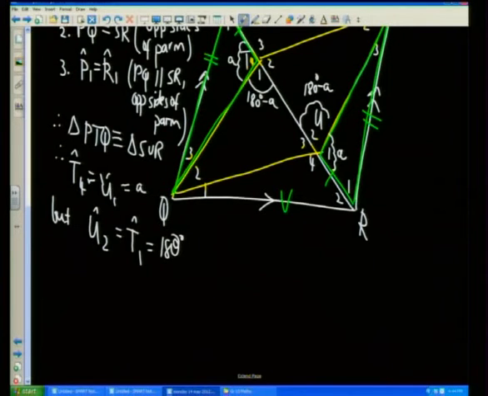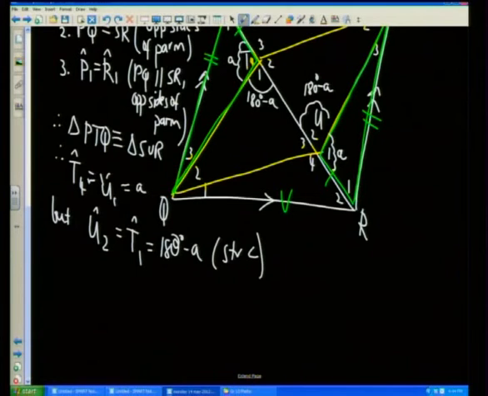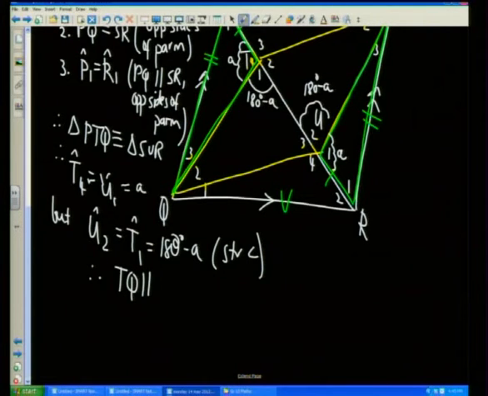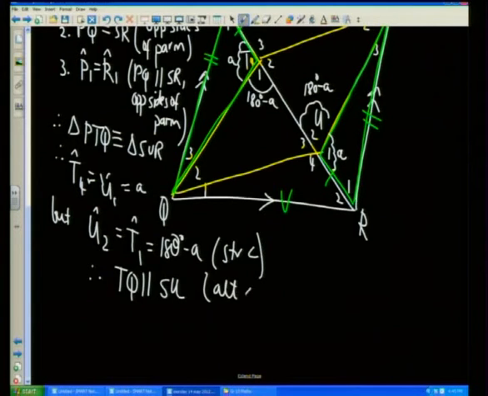We had our straight angle. And as a result of having the straight angle, we can then say that our pair of lines, TQ, would be parallel to RS, SU, because our alternate angles are equal.